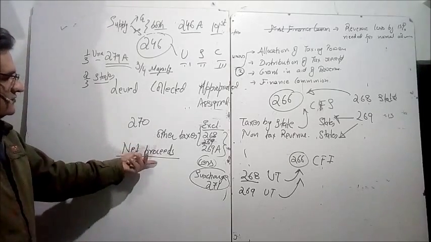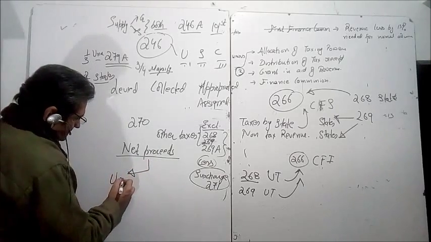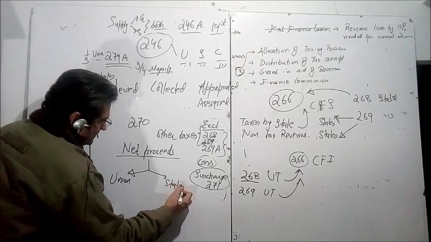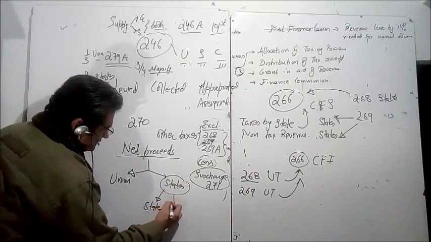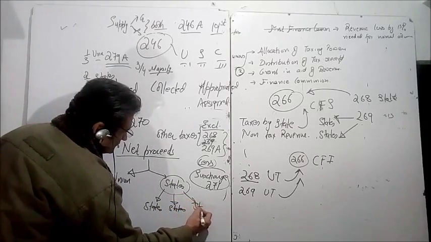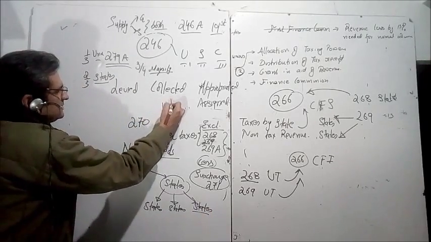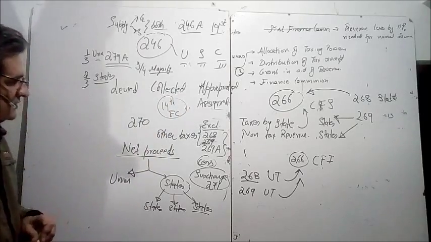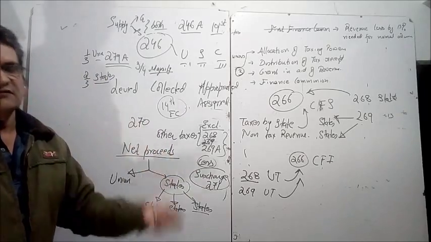So net proceeds will be divided between union, states as a whole, and states according to their weights, which Finance Commission arrives at with different formulas at different points of time. You can have a look at the formula adopted by 14th Finance Commission for reference. The point you should remember is surcharge is never shared.